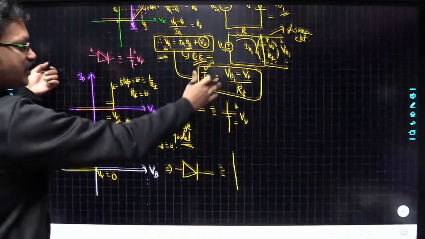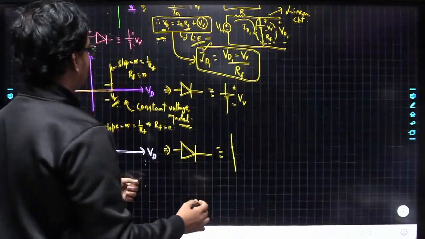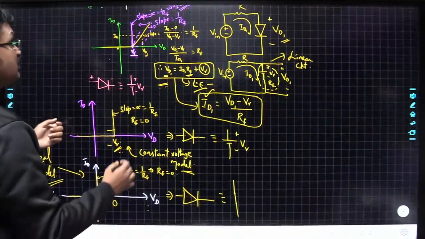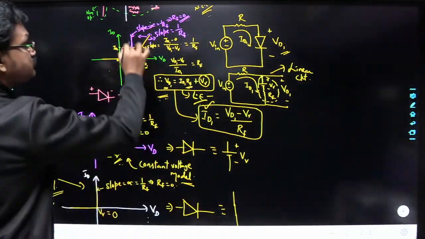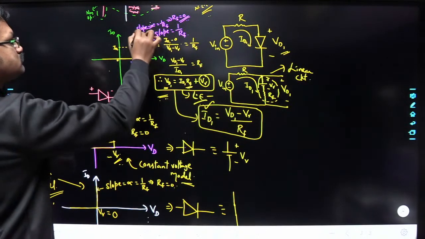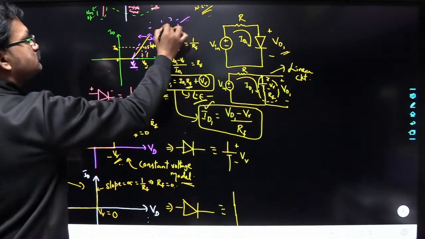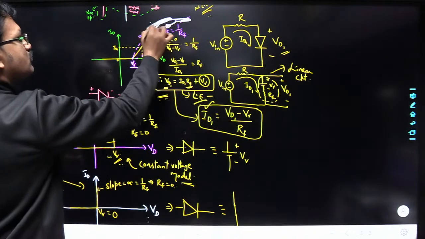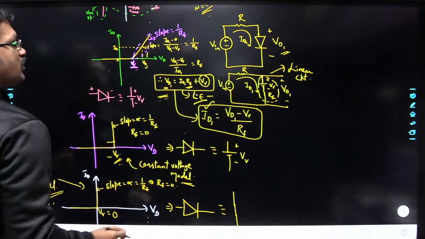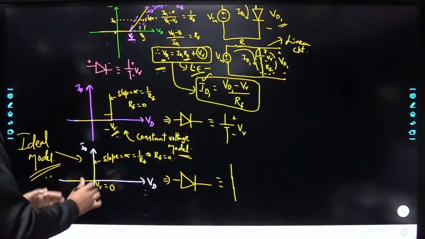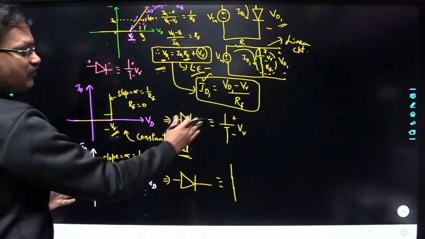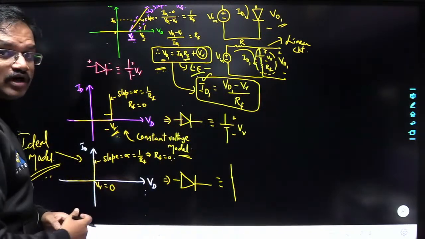So in all these three cases, whether you consider this one or this one, we have represented the equivalent model of the diode in the forward bias region.